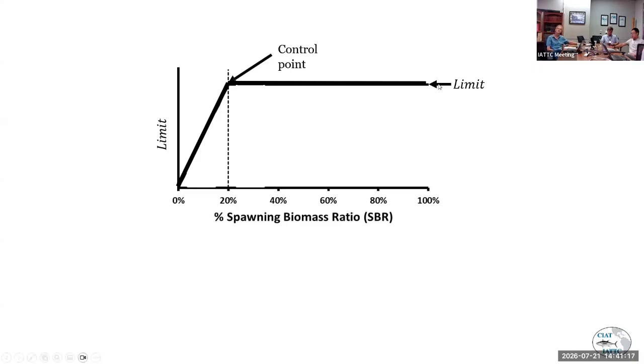And so if the population size is greater than 20%, then we're going to use the current country limits as they are. But if the stock goes below 20%, then we're going to reduce those limits until we get zero at zero biomass. So basically the same as we're applying for the fishing mortality.